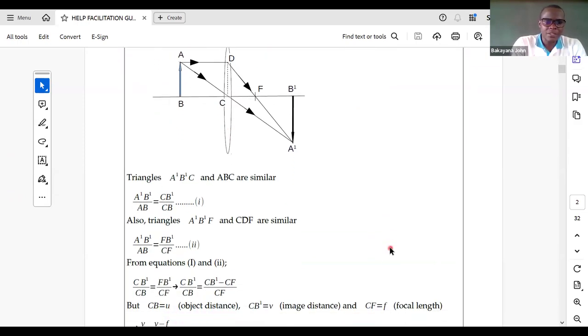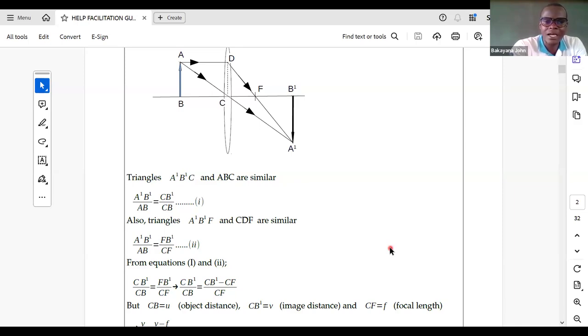Okay, what happens after is that when we divide A prime B prime by AB, we find that CB prime divided by CB is equal to FB prime divided by CF.